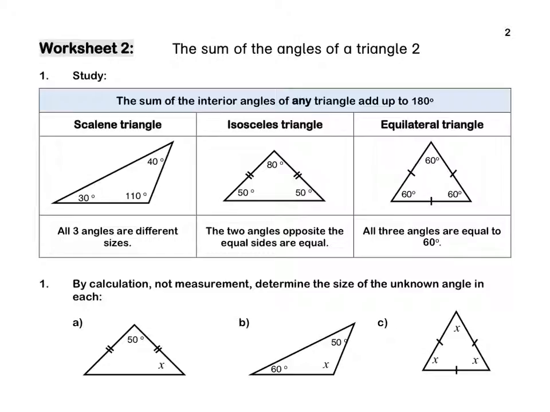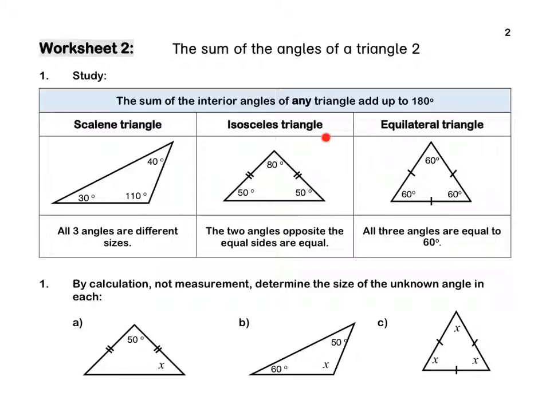Worksheet 2. We know that the sum of the interior angles of any triangle adds up to 180 degrees. For this scalene triangle, we see that all three angles are different sizes. However, when we add them up, we will get 180 degrees.